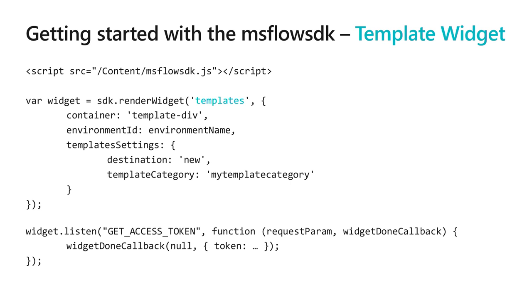You embed some JavaScript that we've created to allow you to talk to and render Flow embedded inside of your application. You tell it where you want it to go, and it'll create an iframe and host Flow directly there. And then you tell it if you want to show templates, if you want to show flows, if you want to show approvals, that sort of thing. There's a list of about six different widgets that we support.